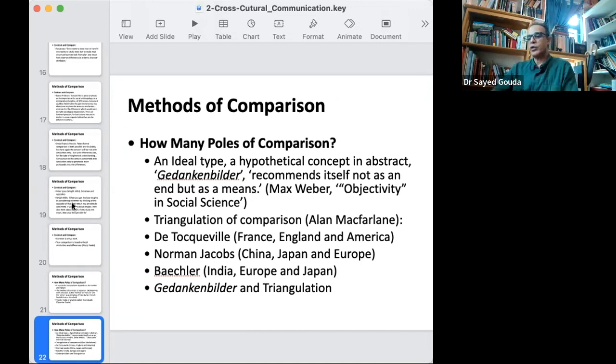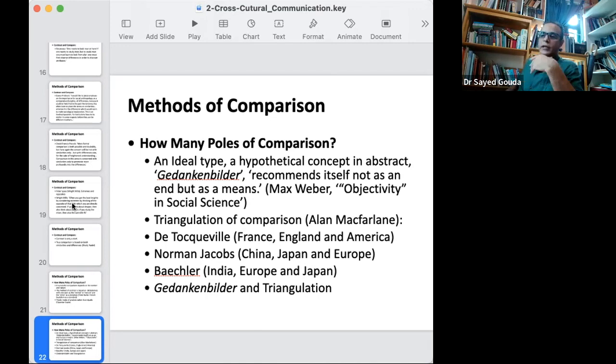You compare between your society now and what it should be, between your behavior now and how you should behave. For example, something that doesn't exist, but you imagine it as an ideal type. He called it Gedankenbilder. And Alan McFarlane also agrees with that.